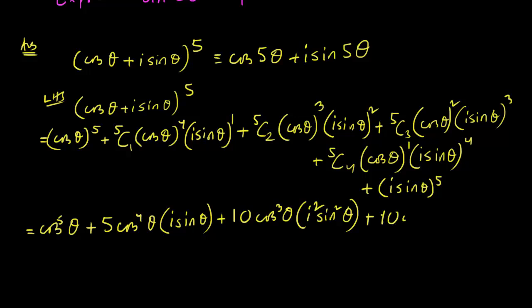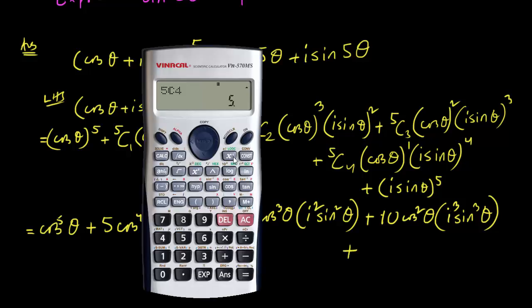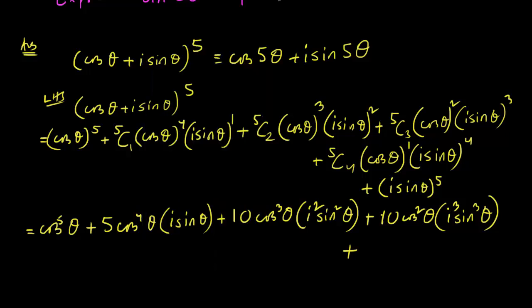So 10 cos squared θ i cubed sin cubed θ, plus 5C4, which turns out to be 5 cos θ i to the power 4 sin to the power 4 θ, plus i to the power 5 sin to the power 5 θ.